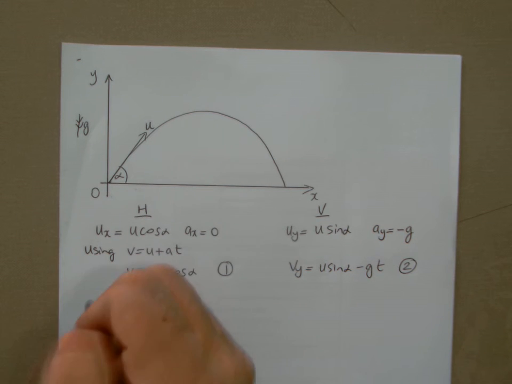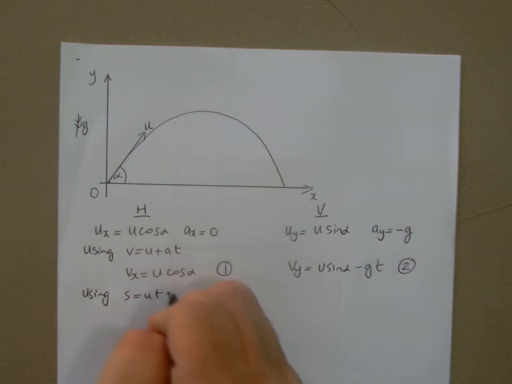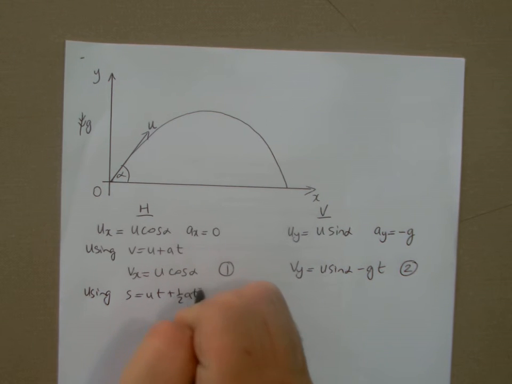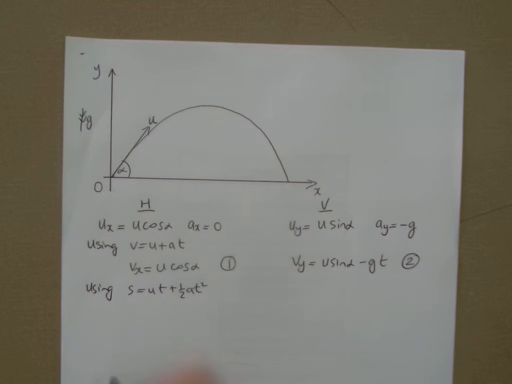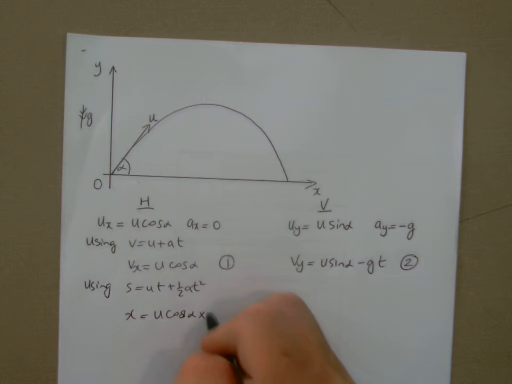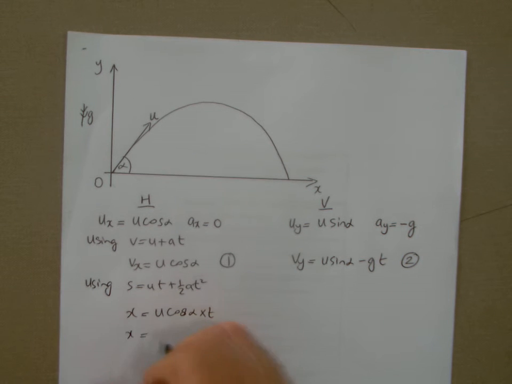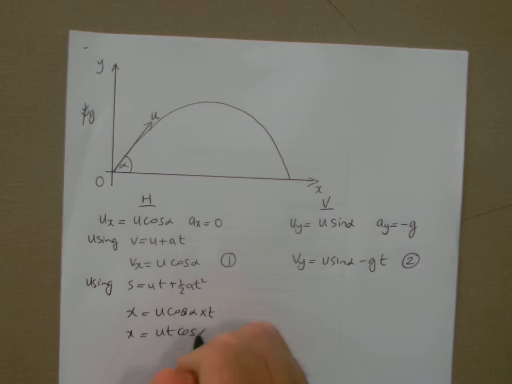So equation 2. For the next two equations, we'll use the displacement s equals ut plus half at squared. So in the horizontal direction, x will equal u cos alpha times t, plus half at squared. Well, of course there the a is 0, so you get x equals ut cos alpha.